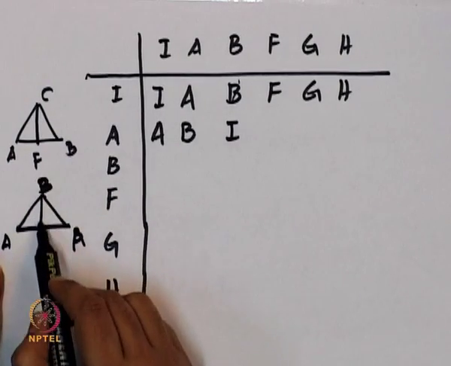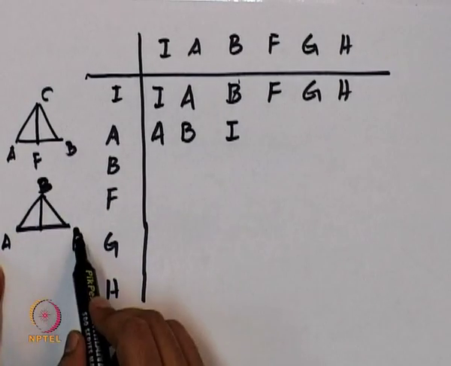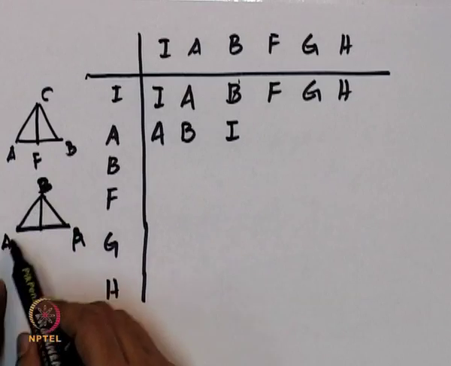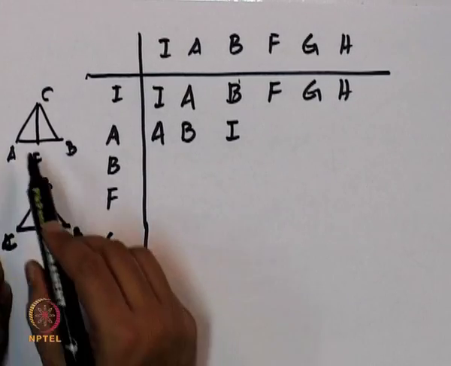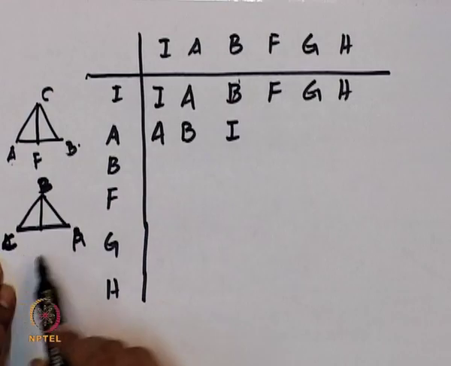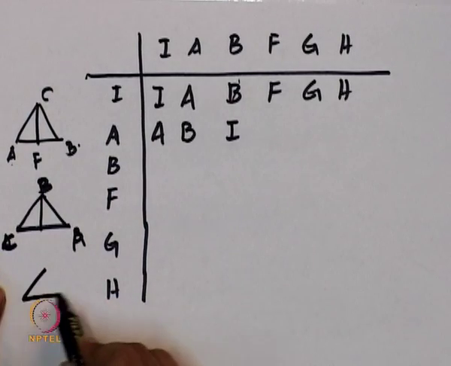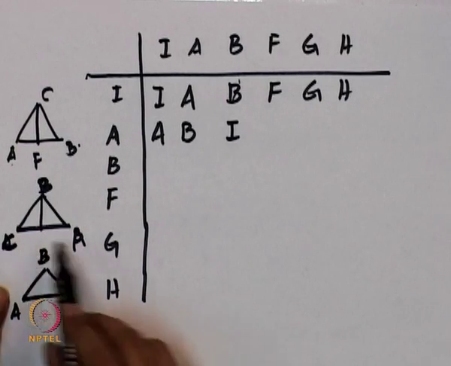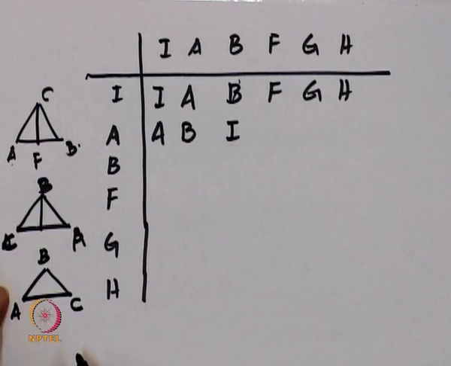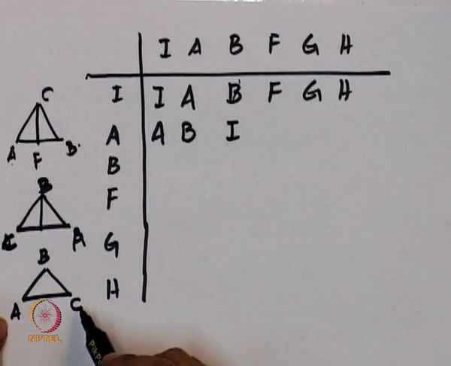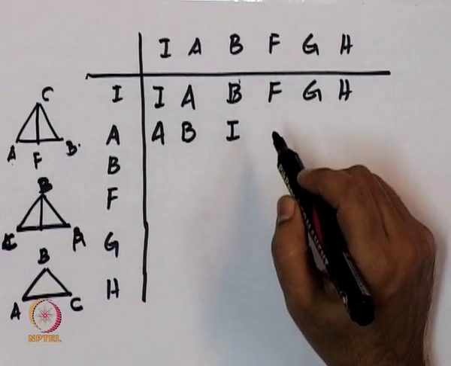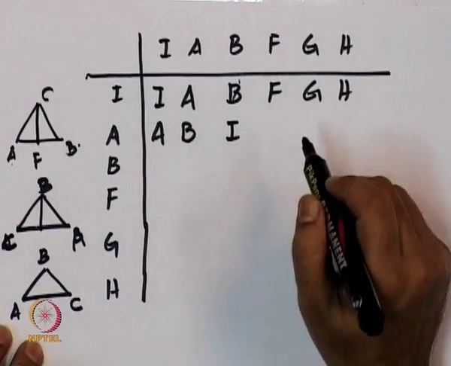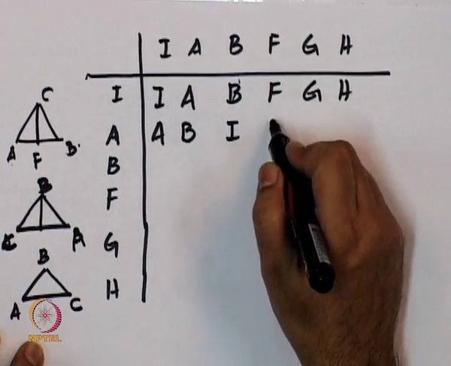Now, if I do a reflection about this, A will go here, B will go here, C will come here. So, B remains here, A remains here, and then C is here. Okay. So, this is an operation which is equivalent to another reflection, which is G.